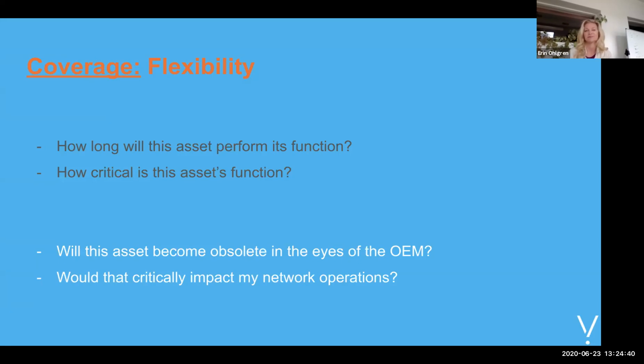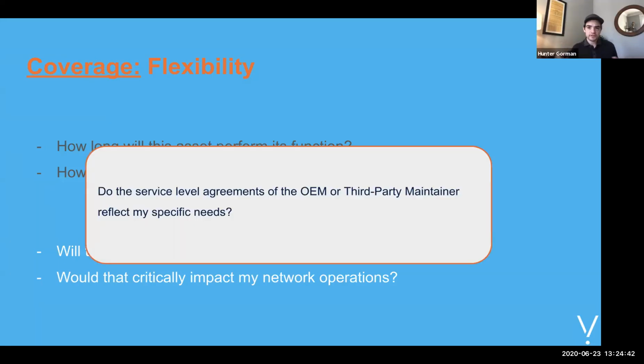Totally, and you started to get to it, but as you're thinking through creating a maintenance strategy, you start to uncover these questions, turn over these leaves. Now, when it comes to actually covering it, is there an SLA from either the OEM or the third-party maintainer that actually reflects my needs?